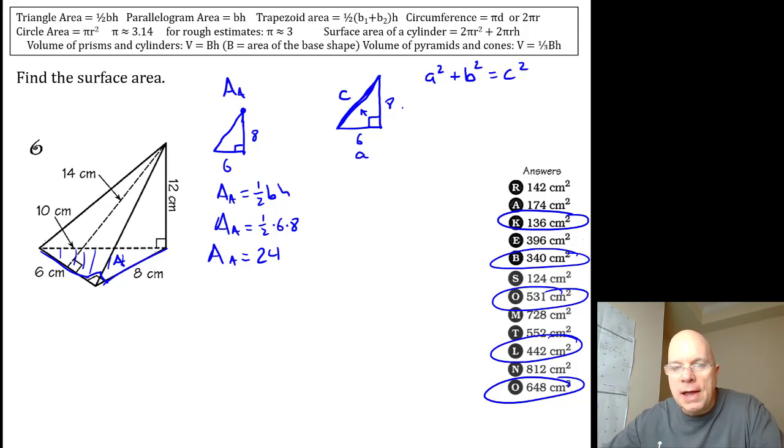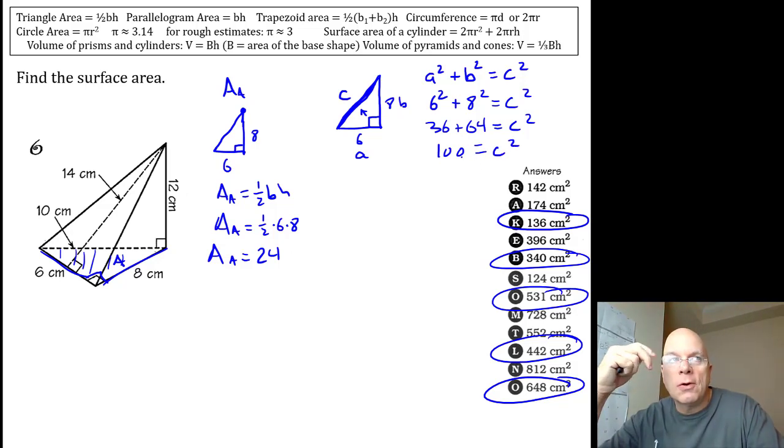The two legs are a and b. So let me substitute these values and we'll calculate how long c must be. 6 squared plus 8 squared equals c squared. 6 squared is 36 plus 8 squared is 64. So this hypotenuse, its length squared, is 100.